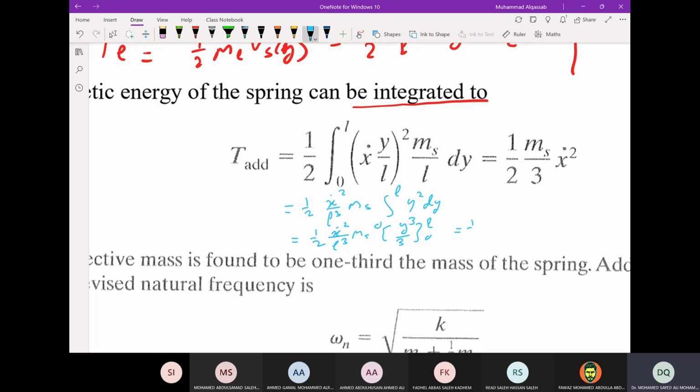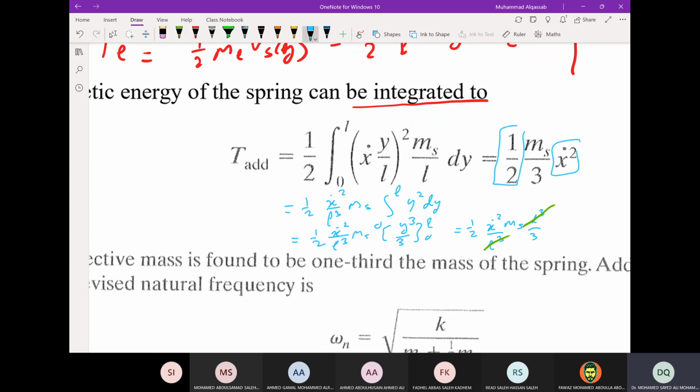So it is 1 over 2 x dot squared ms L to power 3 over 3, and this is over L to power 3. So L to power 3 cancels out. And then the final answer is 1 over 2. As I told you, you have to keep the factor half and x dot squared.